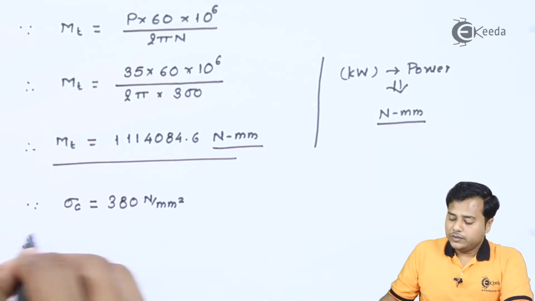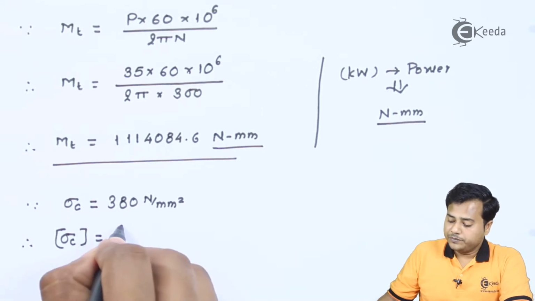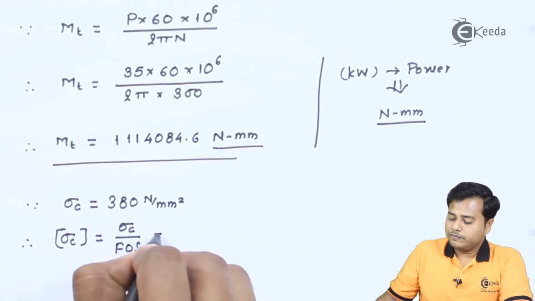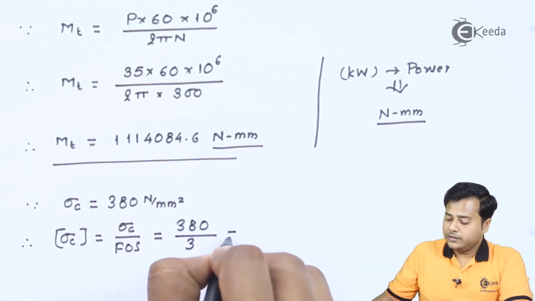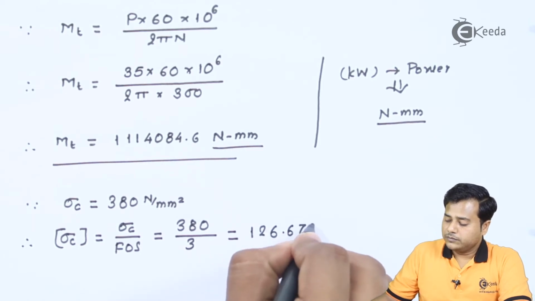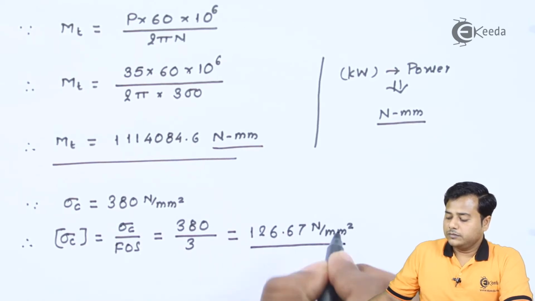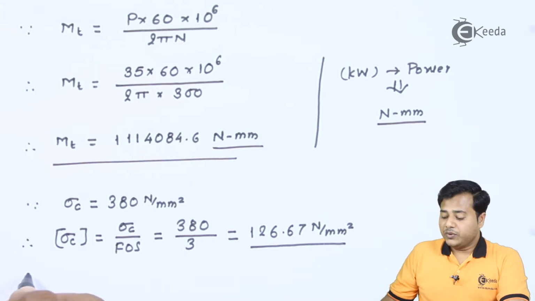And therefore, the allowable value in compression will become, let's substitute the value of factor of safety 3. The value comes out to be. We know that it is an industrial steel, and that's why we need to consider tau value exactly half its value in compression.